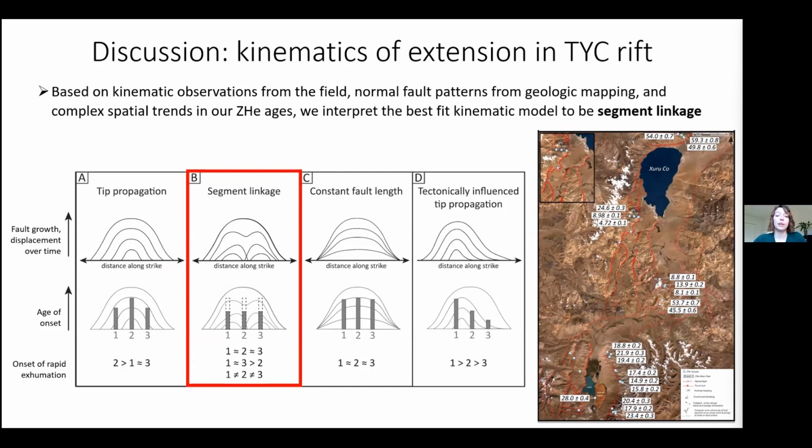The spatial variability that we see in our zircon helium ages could potentially be related to the timing and rates of extension along different fault segments. Additional thermochronologic data will help to expand our observations and further test this interpretation.